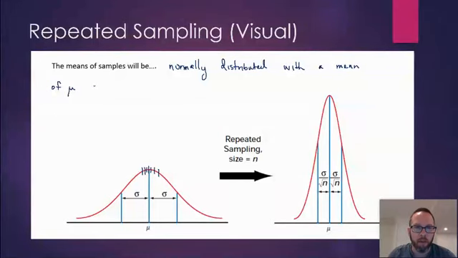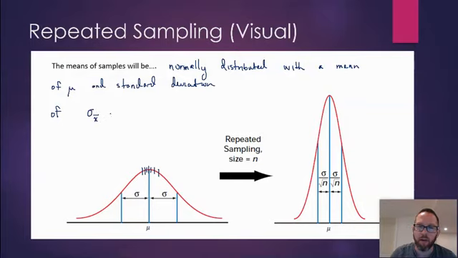The mean of mu and standard deviation of, and we give this a fancy name. We say sigma with the subscript x bar to say that's the standard deviation of the sample means.